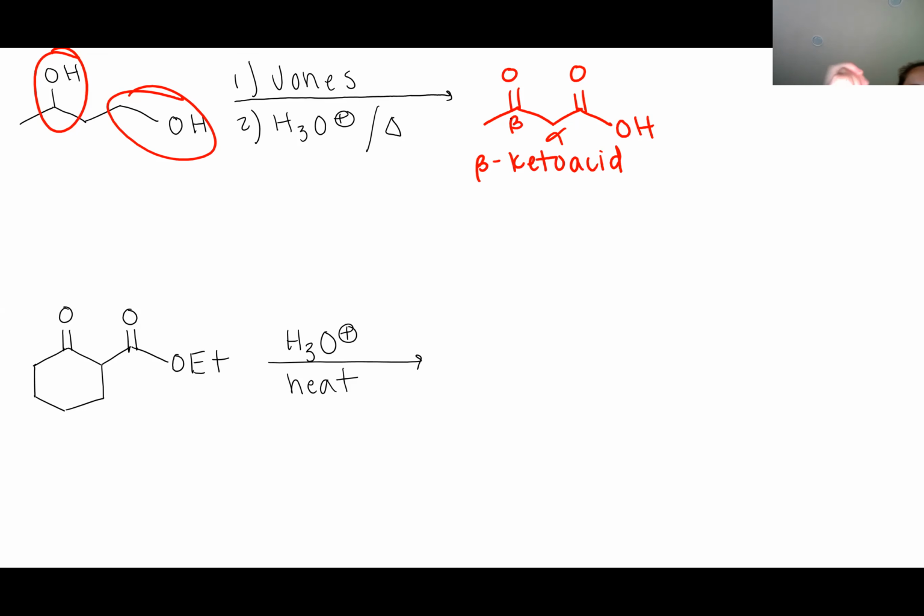So what happens to beta keto acids when they are heated up? I mean, heated up in general, but especially if we're heating it up in acid, what's going to happen? The ketone. Yeah, so this is setting us up for a decarboxylation.